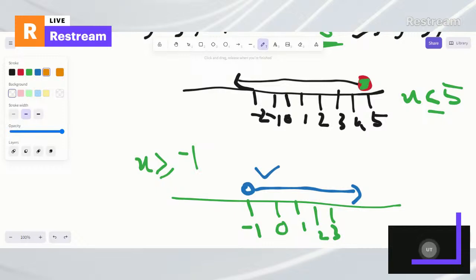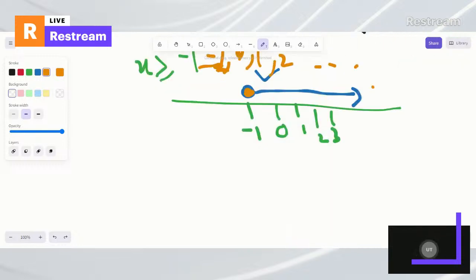As I've written that x is greater than or equal to -1, I have the values -1, 0, 1, 2, and so on. So -1 is also included. That's why I'm going to shade this as well.